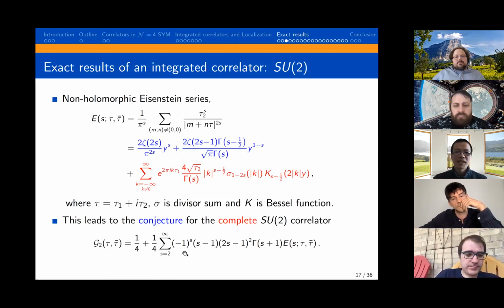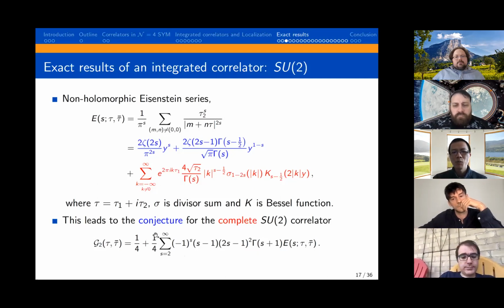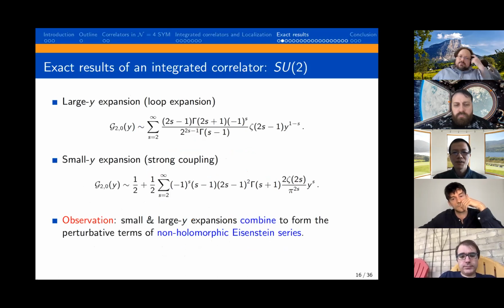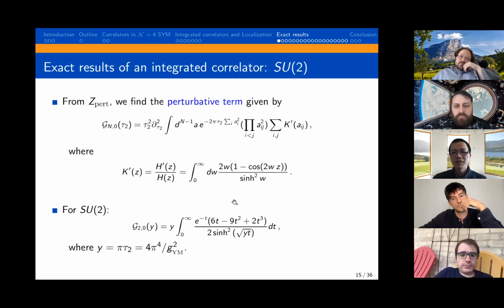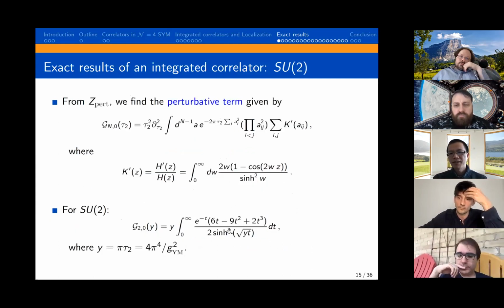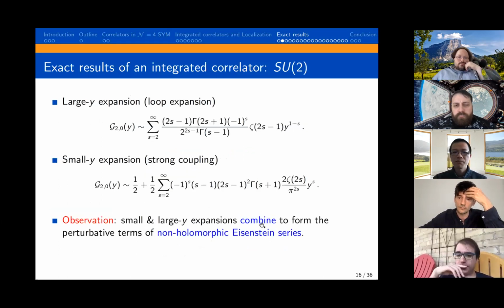Yeah, indeed. That's why there's a 1/4 instead of 1/2. In a sense, these two have the same thing because it's the expansion of one function. So I take this one function, I expand it in a different way, and I get two different expressions.